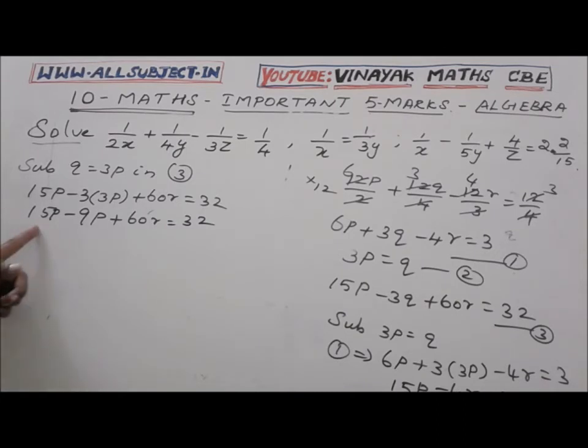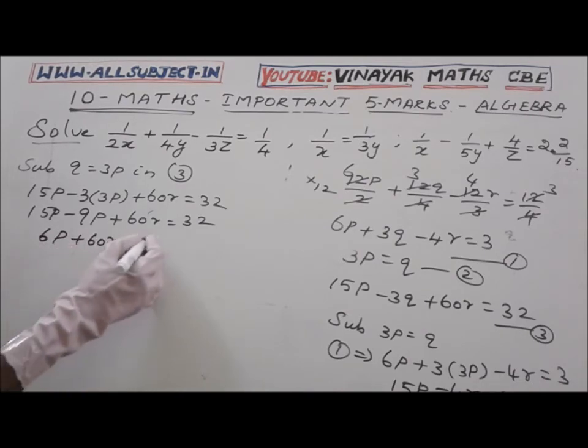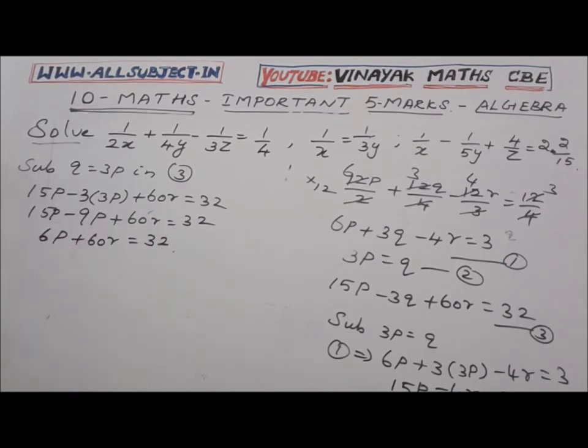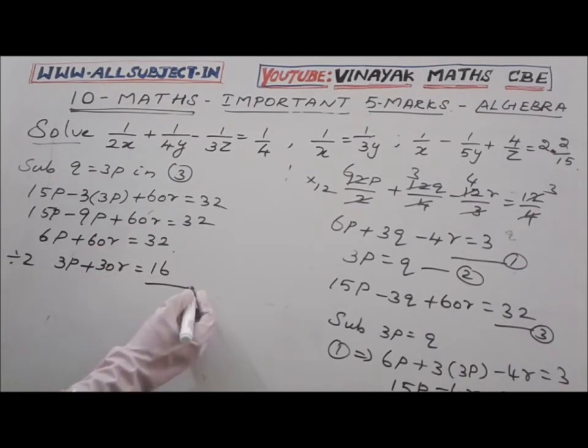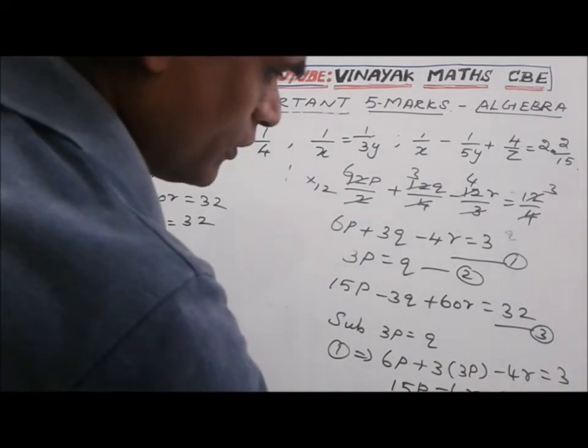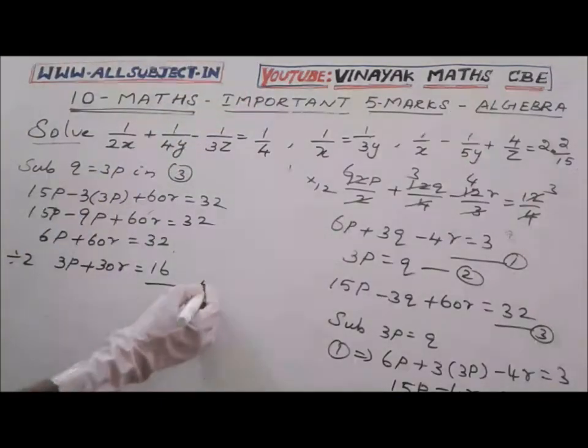Simplify it again: 15 minus 9, we have 6P plus 60R equal to 32. All are divisible by 2, so dividing by 2, 3P plus 30R equal to 16. Here we have equation number 4 and this is taken as equation number 5.